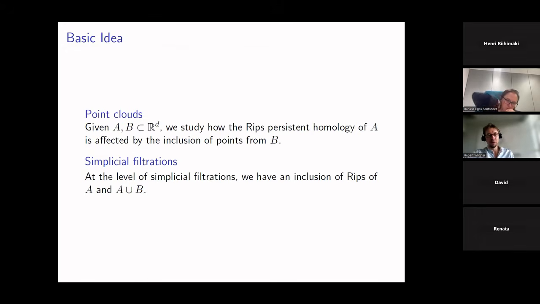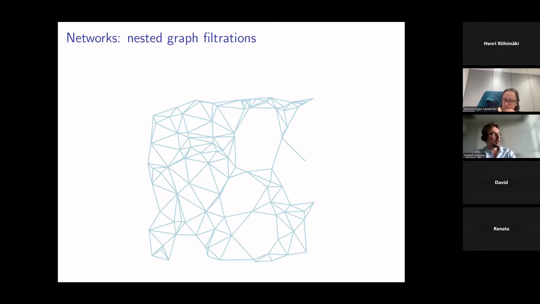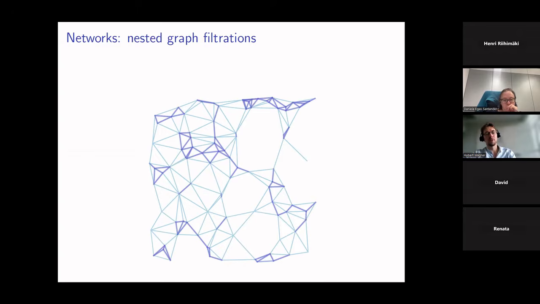So in overview, this is going to be the basis for this method, and I will focus on point cloud data, but I just want to mention that you can start directly from things like graph filtrations. So let's say this is a graph, and you can think about any filtration on it, and then you have a sub-filtration of this graph, and those would be your 2 data sets, and you want to check how including one into the union affects the persistence of the subset.